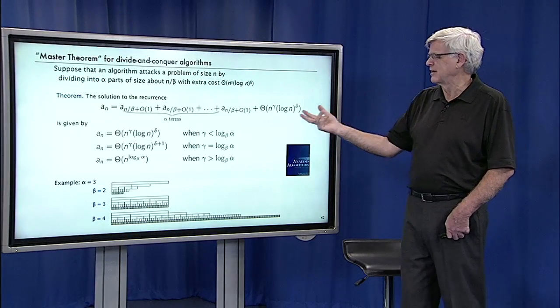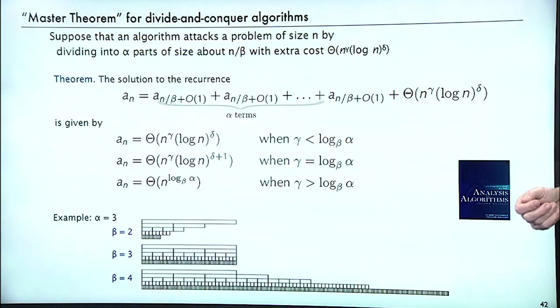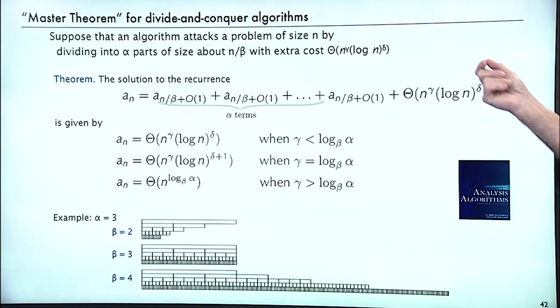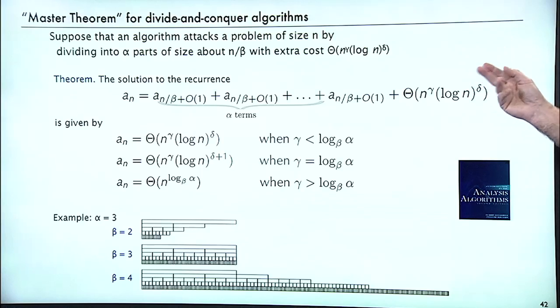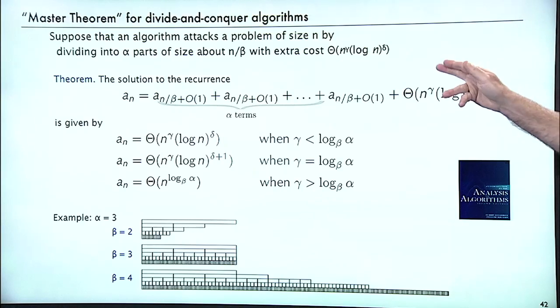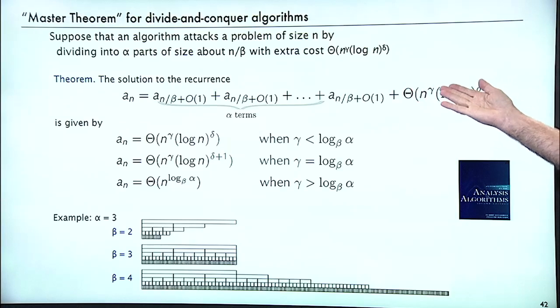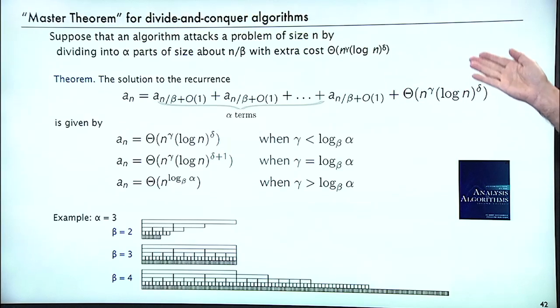And the recurrence is going to look a lot like our merge sort recurrence, except instead of the floors and ceilings, we add little tiny constants to each one of the problem part sizes, because n over beta has to be an integer, so you have to have some floors and ceilings in there somewhere. Or maybe the problem sizes throw out a few terms. So as general as we can do is to get alpha terms of the form n over beta plus O of 1, and then we add on the extra cost.